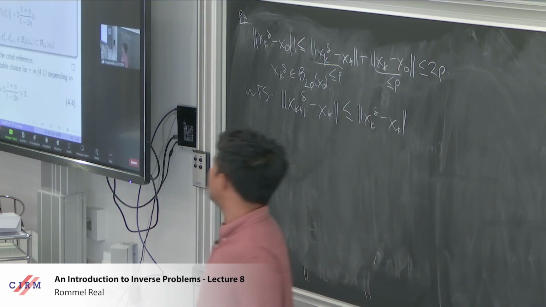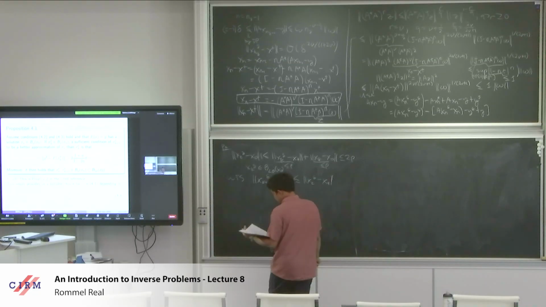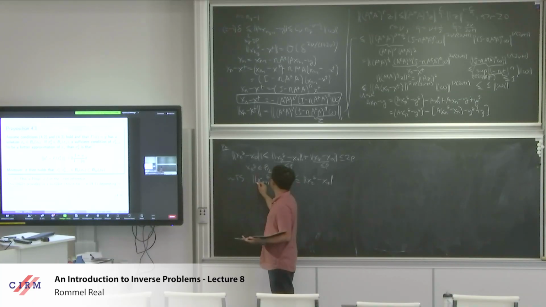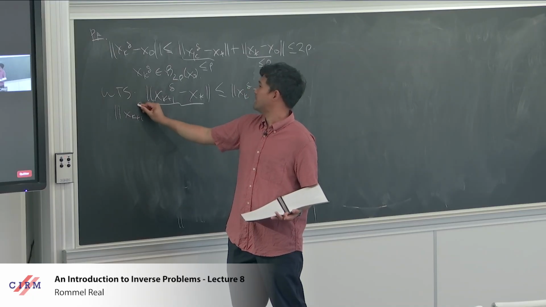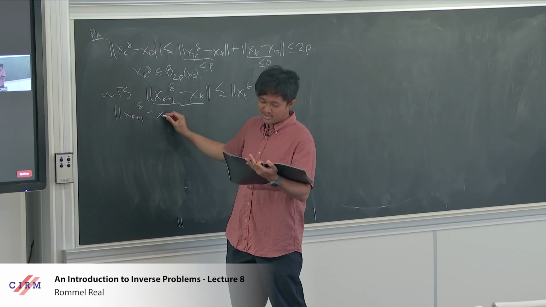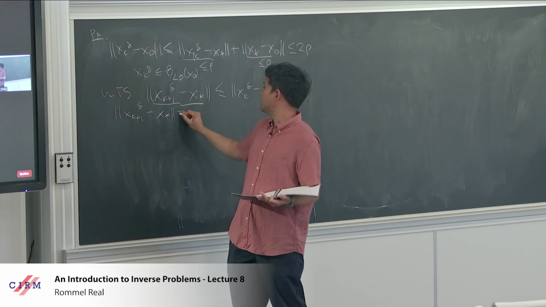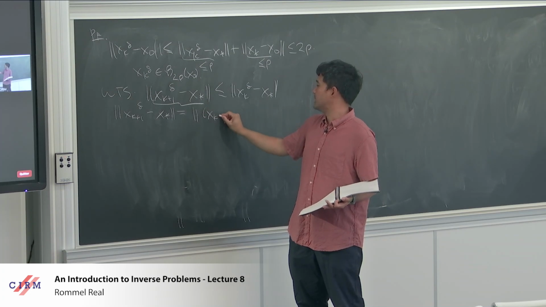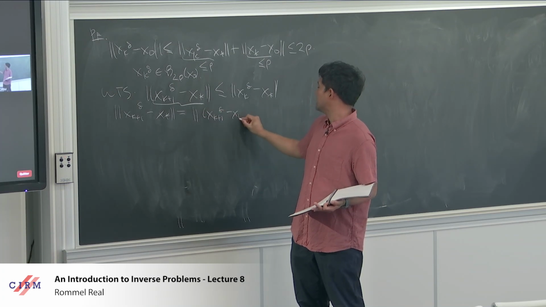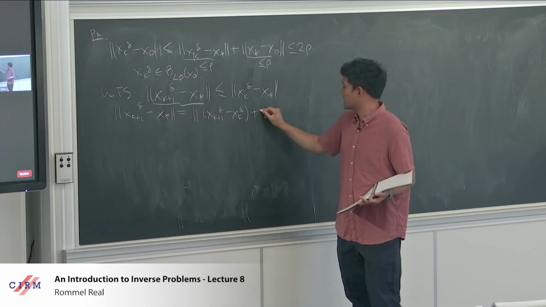And to do that, we will need some identity with inner product. So to estimate this one, you need to write something like this one, xk plus 1 delta minus x star. And you need to write this one in this way. So I'll add and subtract xk delta here.